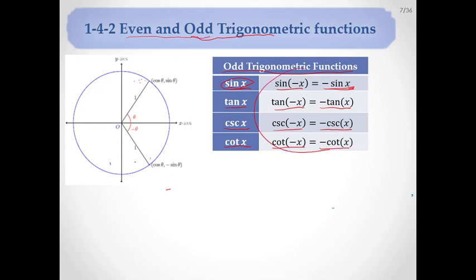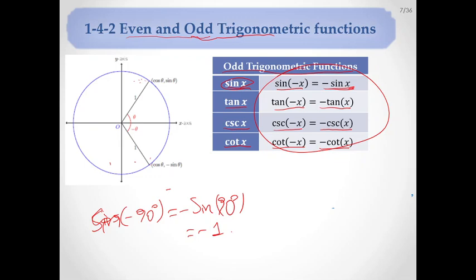The good property is this: if someone wants to calculate what is sine negative 90 degrees, one can say it's negative sine 90 degrees, and sine 90 degrees is what? It's 1, so the answer is minus 1, for example. So you can directly go back to the positive angles and tell the value of the trigonometric value.